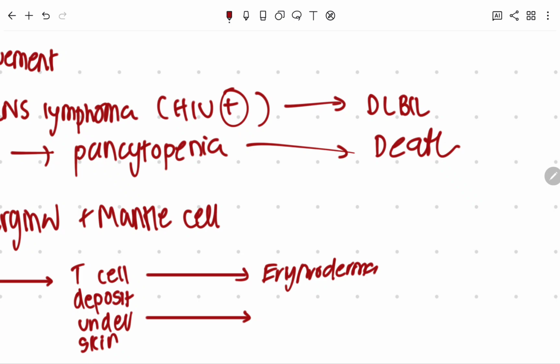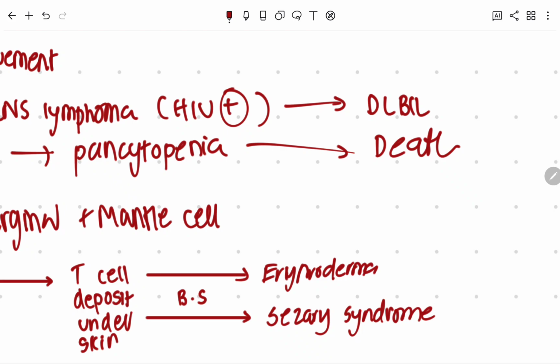And once these T cells disseminate into the bloodstream, this disease process is now known as Sézary syndrome.